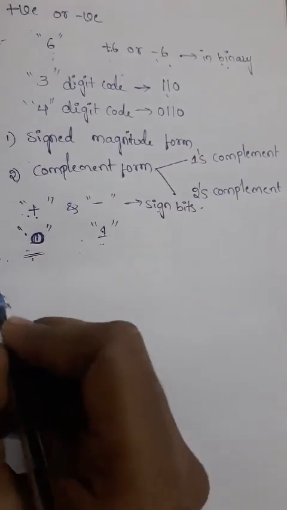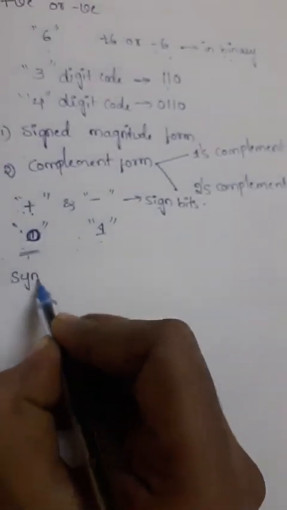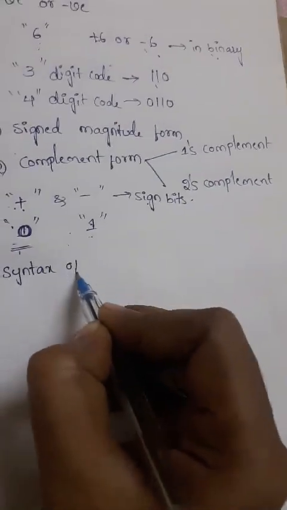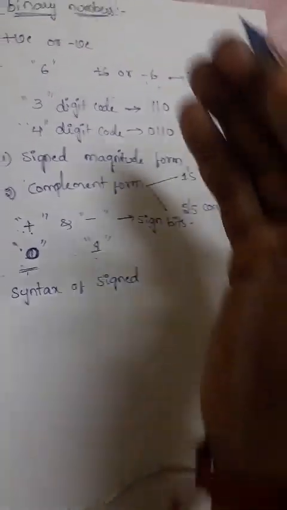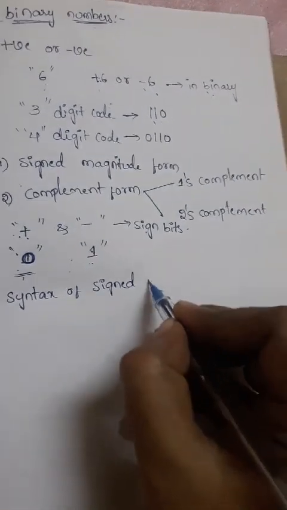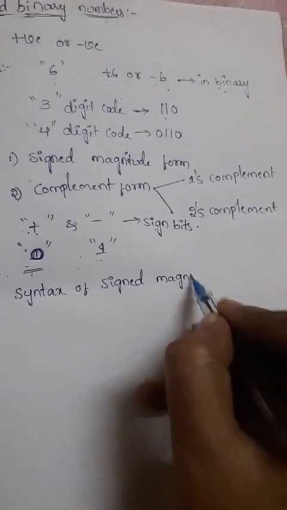Now we'll write the syntax of sign magnitude form. That means how to represent a positive number and how to represent a negative number of binary in sign magnitude form, by using this syntax.